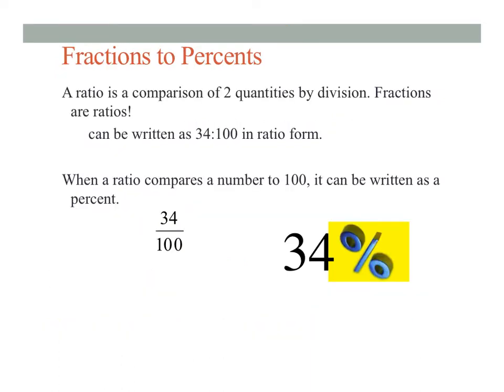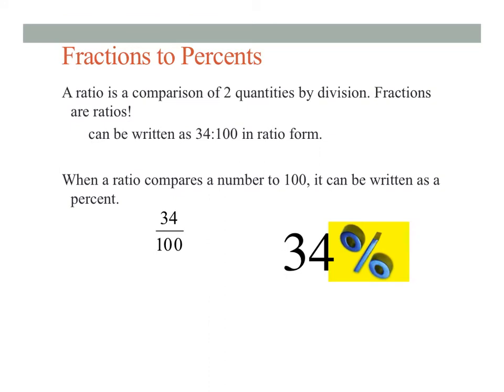When you're changing fractions to percents, remember that a ratio is a comparison of two quantities by division. And fractions are ratios. So 34 per 100 is really 34%.